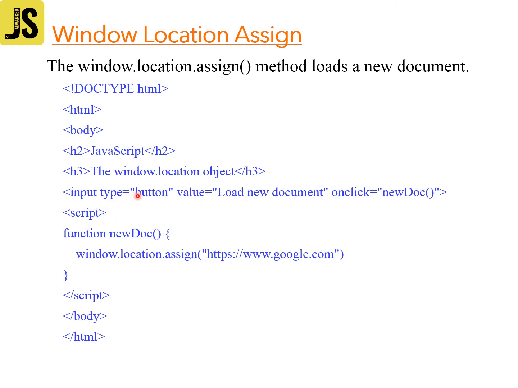So a button control is there with the value Load new document. Whenever a click occurs, it will call the newDoc function.